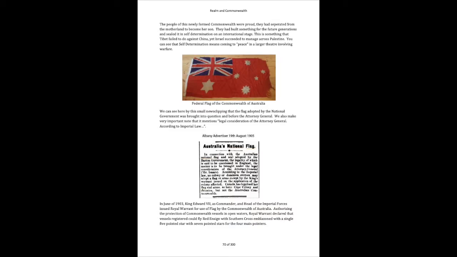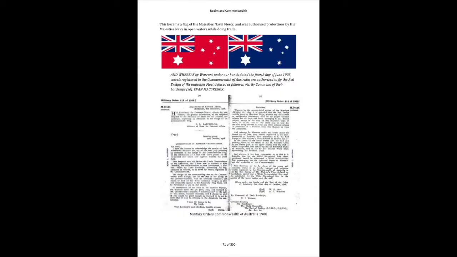Royal warrant declared that vessels registered could fly red ensign with Southern Cross emblazoned with a single 5-pointed star with 7-pointed stars for the 4 main pointers. This became the flag of His Majesty's naval fleets and was authorised protections by His Majesty's Navy in open waters while doing trade.